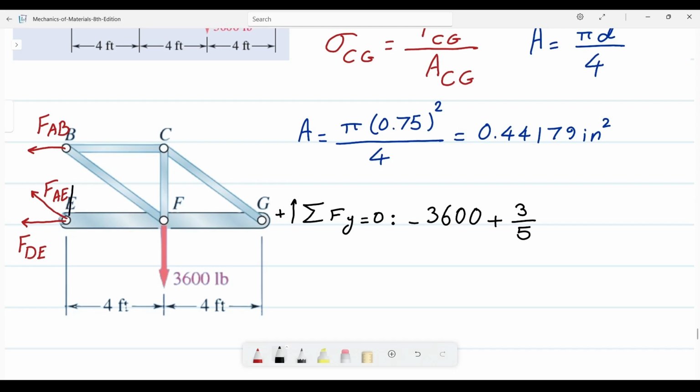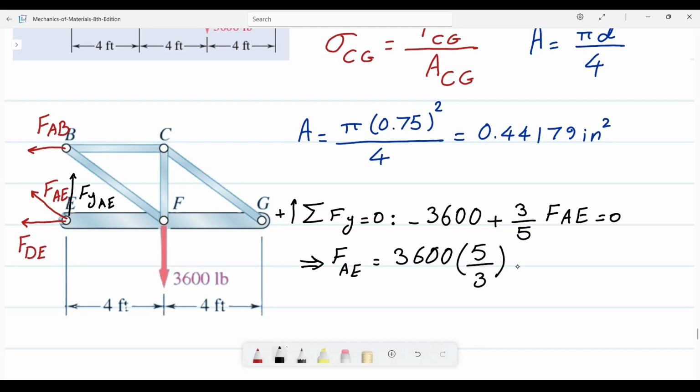It means this part of FAE, y, or FYAE: 3 divided by 5 multiplied by FAE equals 0, and here we have FAE equal to 3600 multiplied by 5 divided by 3, and it's equal to 6,000 pounds.